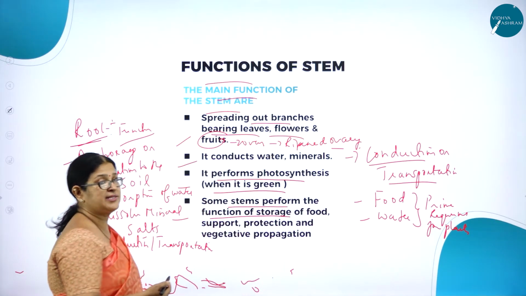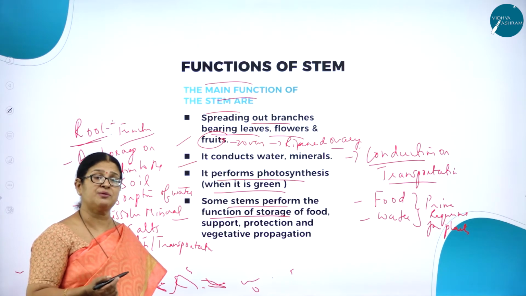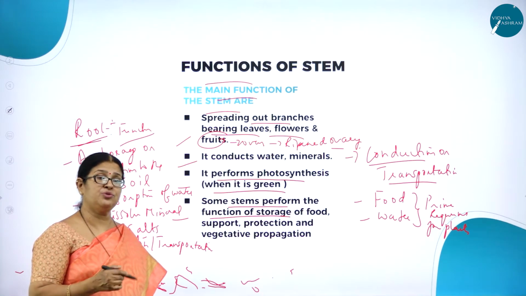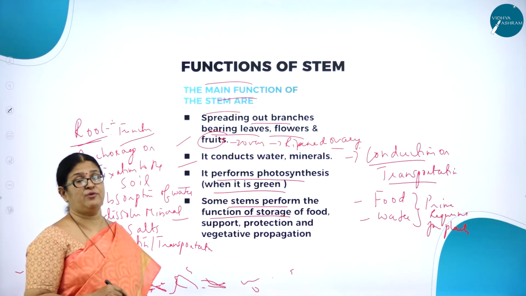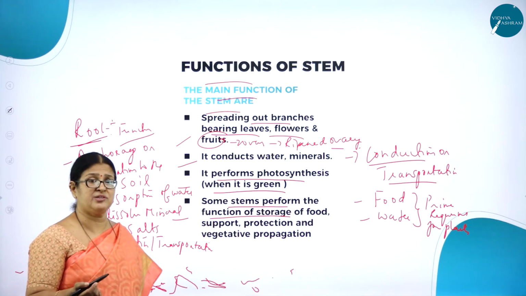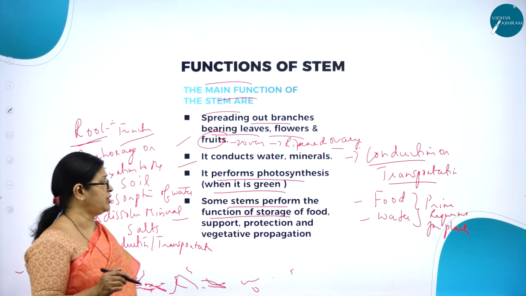Just like a root, even the stem also gets modified to undergo some special functions. Other than the usual or original functions, even the stem gets itself modified. What for? Modified to perform some special function. What is modification? Slight change from the original appearance. Why does it undergo modification?